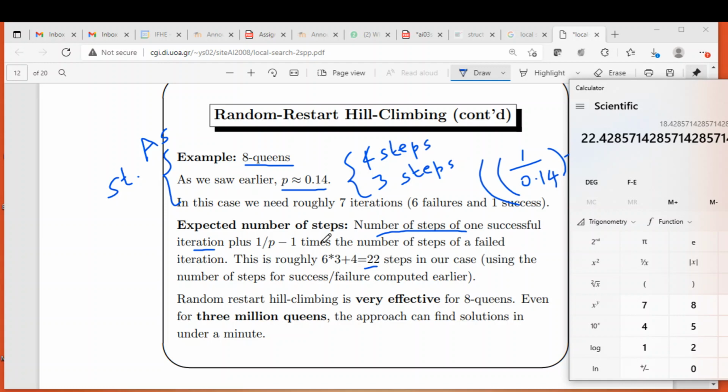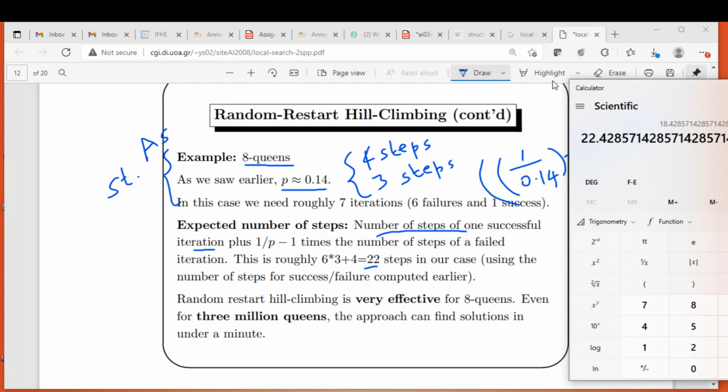Only one time it will find the solution, that is the last time. At that time, how many steps does it need? 4 steps, plus 1 by p minus 1 times the number of steps required for failure cases. So that's how it is calculated.